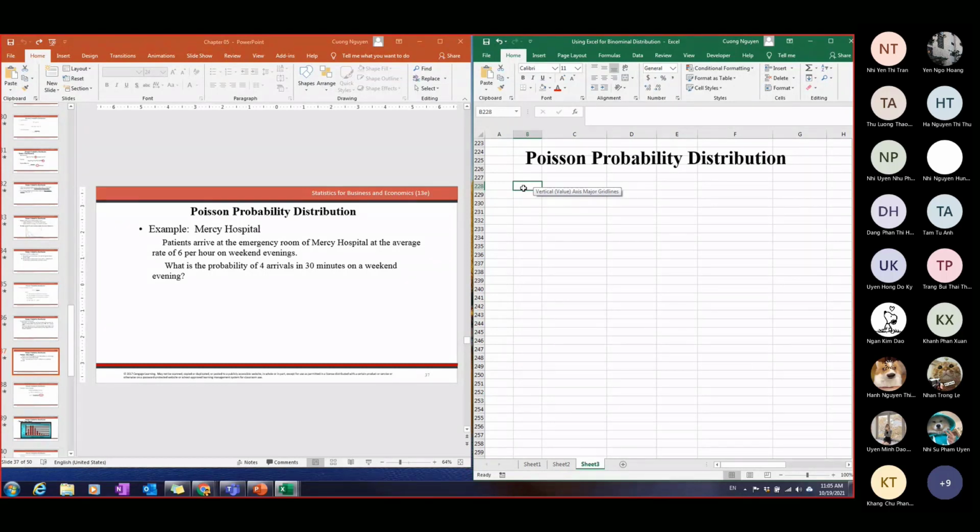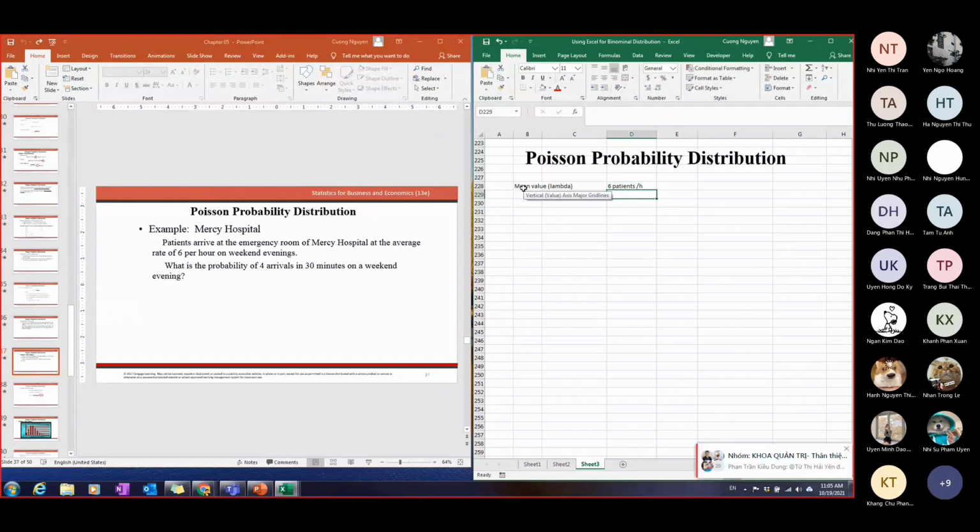Okay, so this means that's the mean value, right? Mean value. This here will be lambda. Okay, lambda. So normally 6 guys come into the emergency room, phòng cấp cứu. Thì có 6 người tới cấp cứu đúng không? Six people, 6 patients.